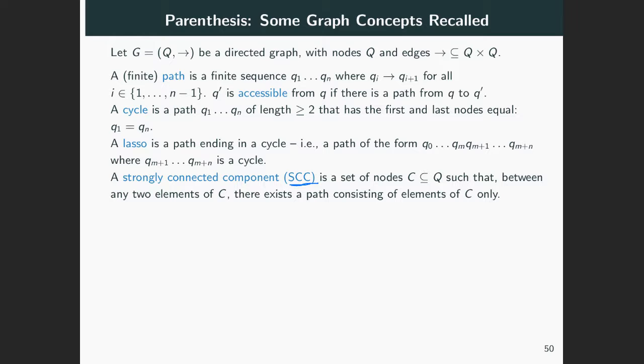Note that the nodes of any cycle form a strongly connected component. And conversely, the nodes of any strongly connected component can be organized as a cycle, possibly involving repetitions of nodes. Remember that in our cycles, we allow repetitions. So it can look like this, but can also look like this, or like this.